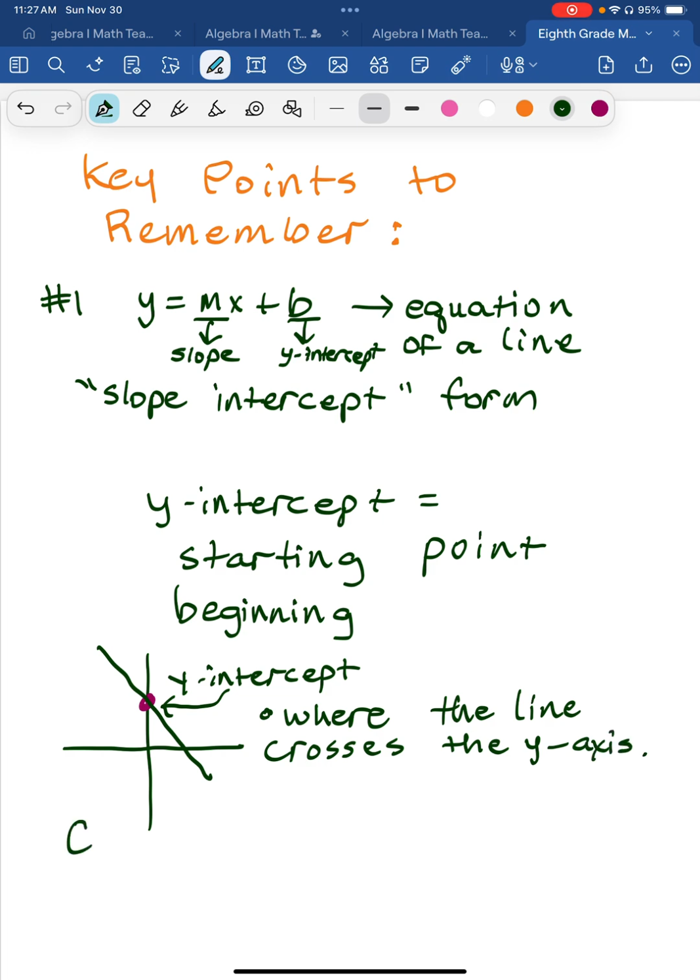So our coordinates for the y-intercept are always going to be 0 on the x and then whatever our y-intercept is.